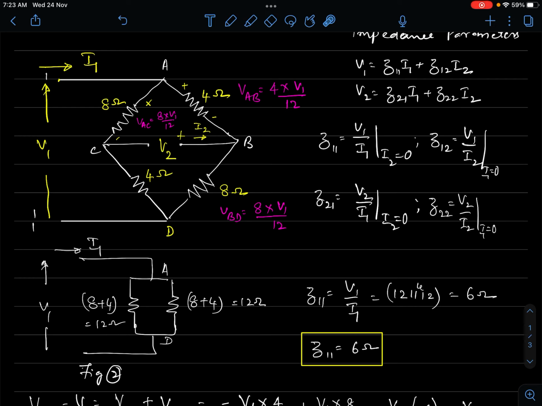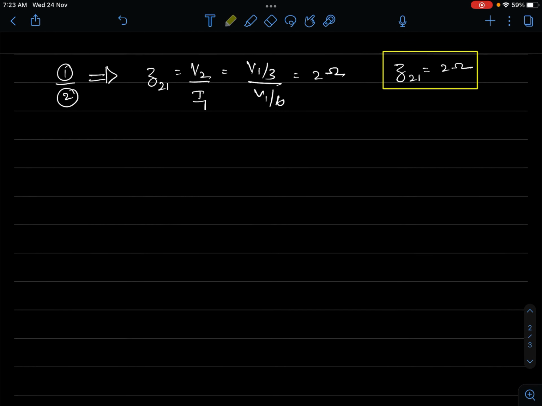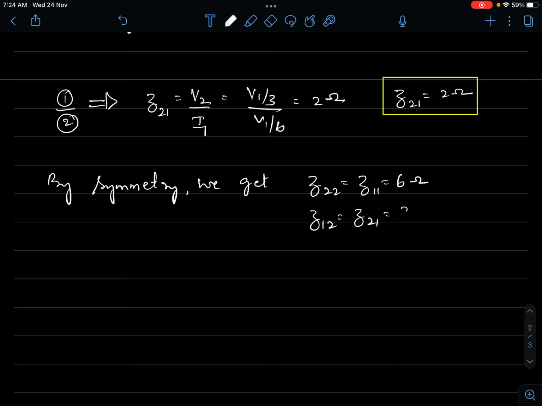If you can identify this as a symmetrical network, then by symmetry we can simply conclude Z22 equal to Z11, which is equal to 6 ohms, and Z12 equal to Z21 equal to 2 ohms. It is that simple.